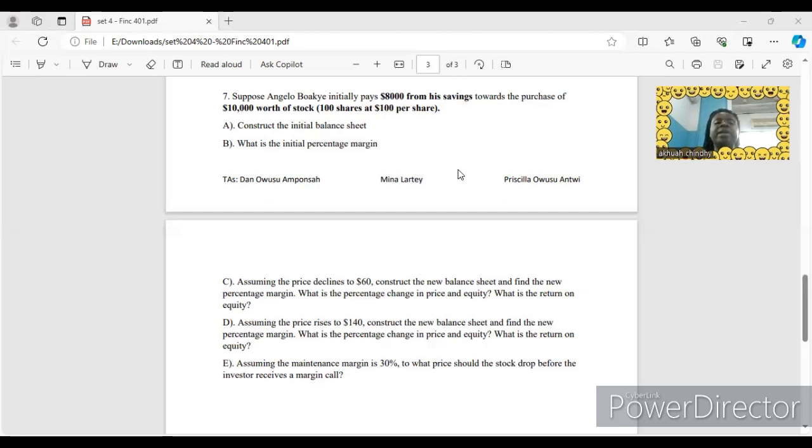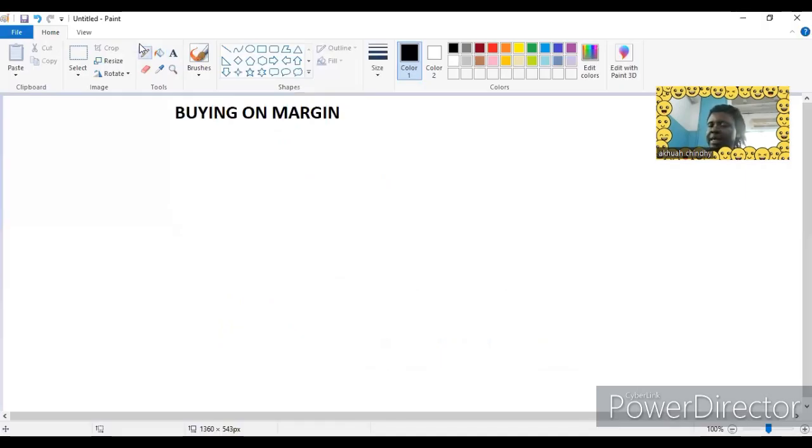Okay, so let's see how we go about it. As I said the last time, we have assets, and we are using the horizontal format. We have the assets, then we have the liabilities and equity.